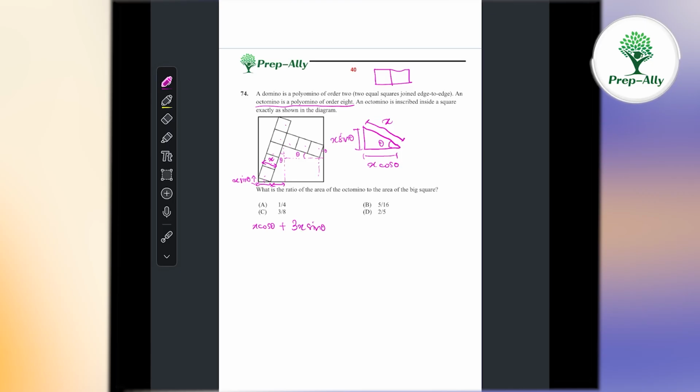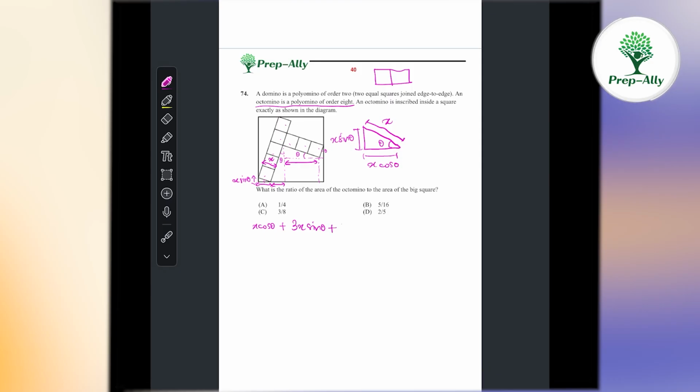and consider this triangle right here. In this triangle we have this length, and this is just same as the previous triangle, it's just tilted.